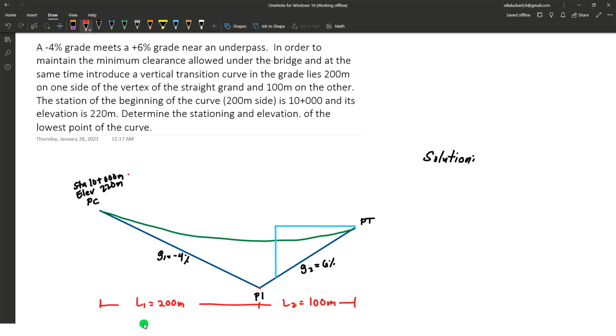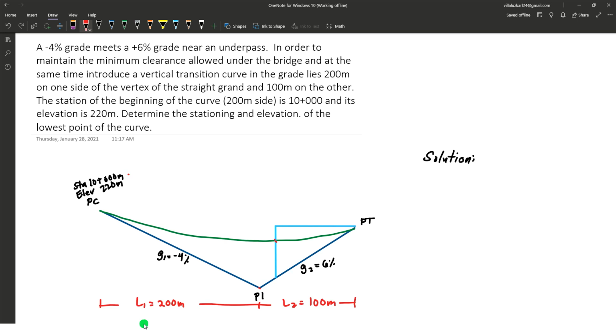So here we assume that the lowest point is right here on this subcurve, but we can still verify that by computing the S1 or S2 of this unsymmetrical curve. Let's say in this problem we use the formula-based solution in determining the lowest point station and elevation.